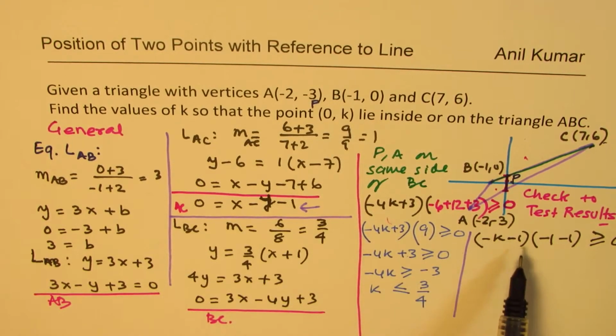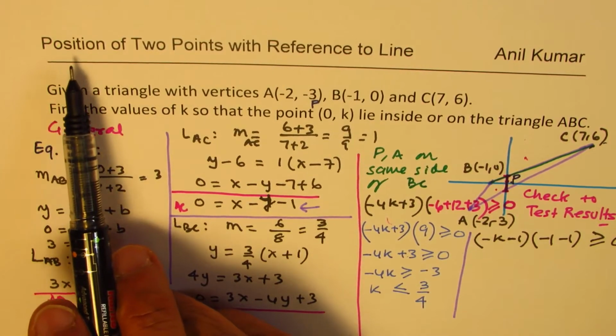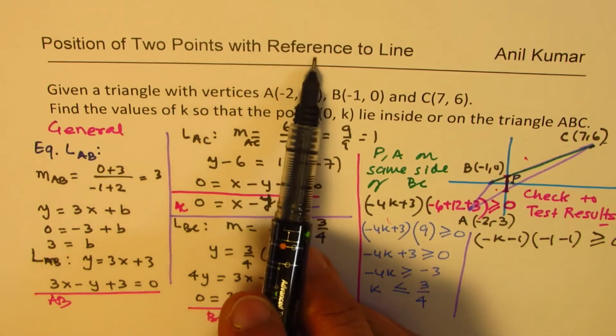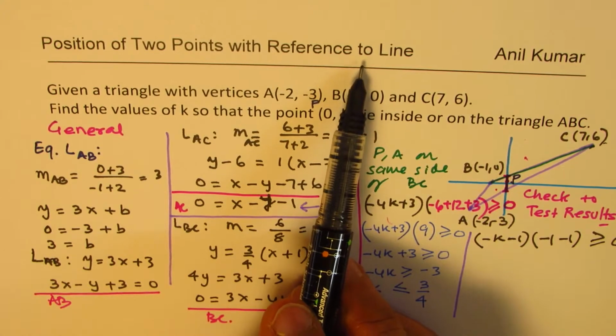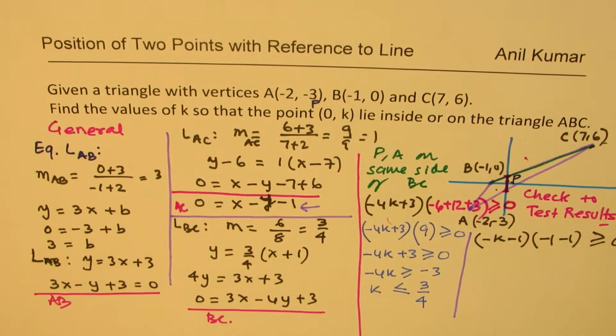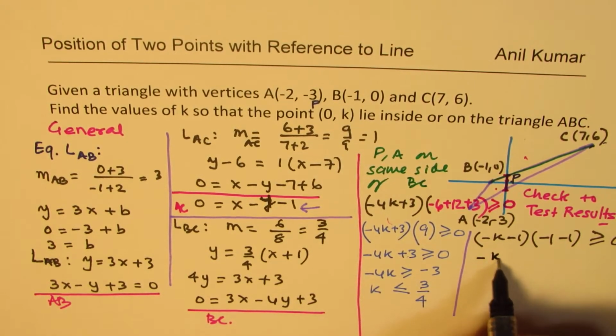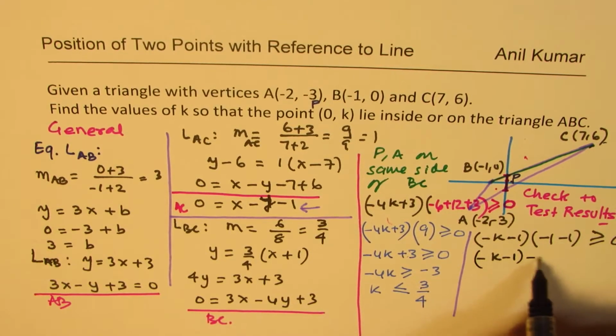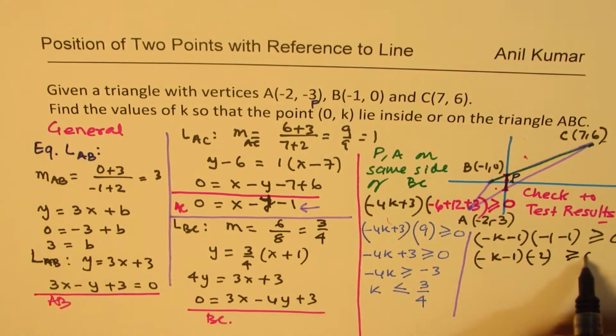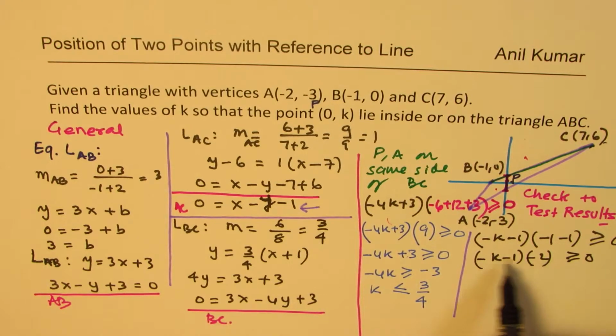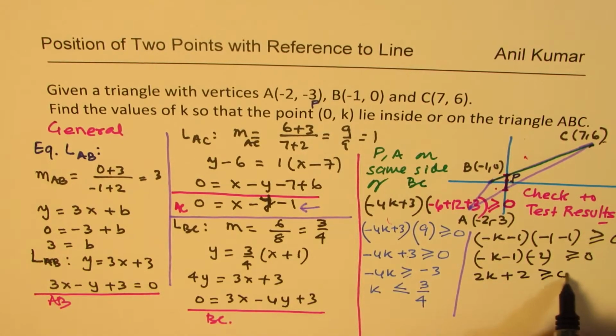Now, if you have confusion on this concept, we have a set of videos on position of points with reference to a line. I'd like you to look into those videos, okay? Now, that gives us minus k minus 1 times minus 2, greater than or equal to 0. So when you multiply by 2, everything becomes positive. That's what I'm trying to say. So we get 2k plus 2 greater than or equal to 0.